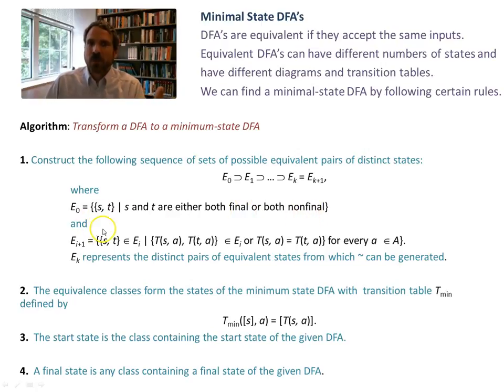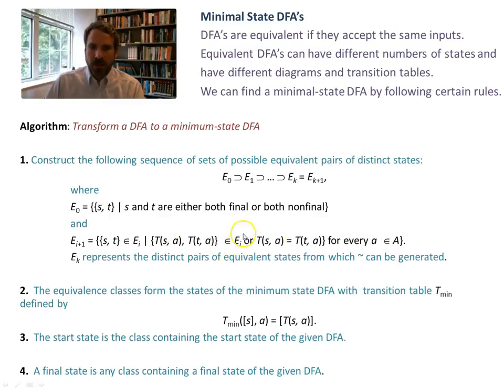And then what we do is we keep refining this set. We refine it by looking at, within each pair, all transitions from those states. We include a pair if the transitions are going to be the same, or if the transitions go to another set of states that is already in our set.